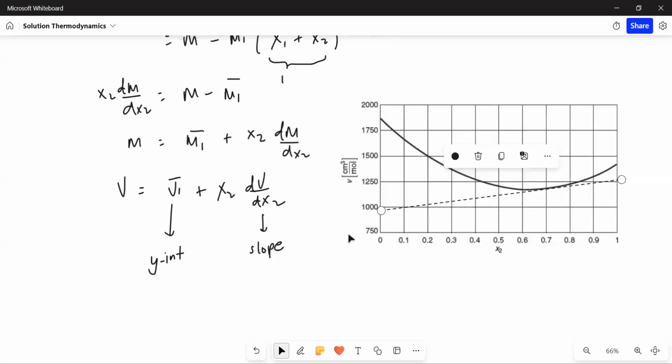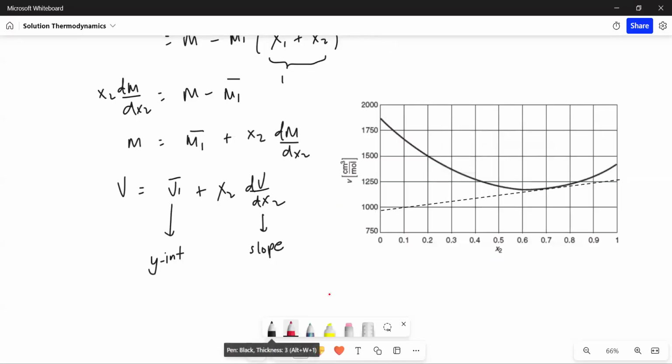So the y-intercept would give us V1 bar. On the other hand, the other side of the graph where x2 equals 1 would give us the partial property for species 2. So this is how we get the partial molar property graphically.